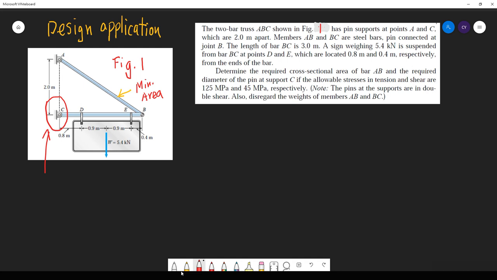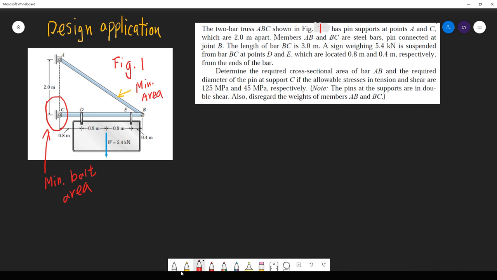Okay, we should also find the minimum bolt area. The idea is if the bar is too thin, that means the area is too small, it will collapse. Maybe it will collapse here.